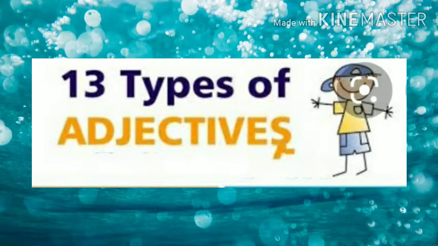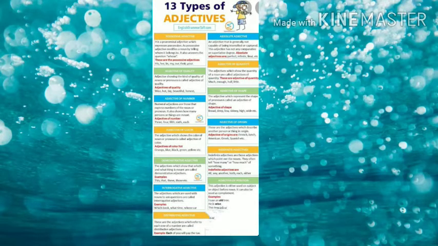The 13 types of adjectives are possessive adjective, adjective of quality, adjective of number, adjectives of color, demonstrative adjective, interrogative adjective, absolute adjective, adjective of quantity, adjective of shape, adjective of origin, adjective of indefinite one, and adjectives of position.